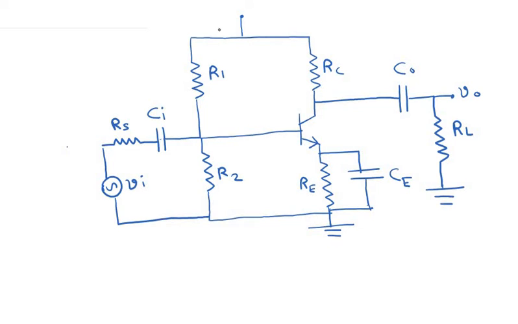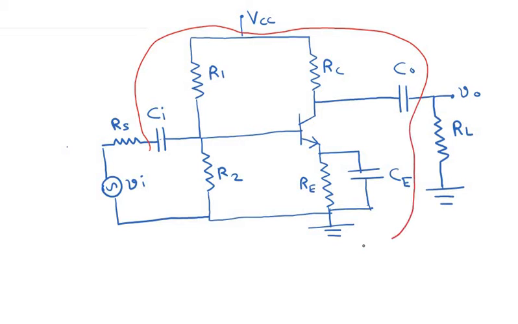And if we consider only the amplifier circuit, then this part is basically the amplifier. Okay, when we buy an amplifier from the market, this portion which is covered in the red loop comes to us.